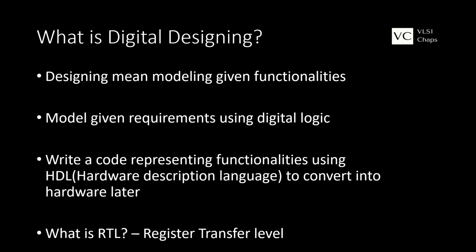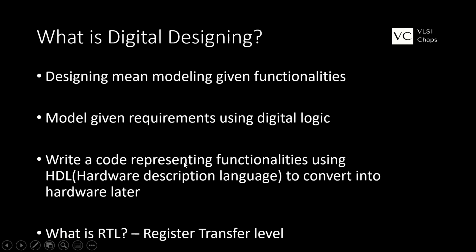As we write every other logic in C and C++, here also we take an approach of writing a code. So first we write a code that represents our functionalities using HDL. The language we use to describe our hardware is called HDL. There are languages called Verilog and VHDL in the market that are widely used to describe our digital logic.